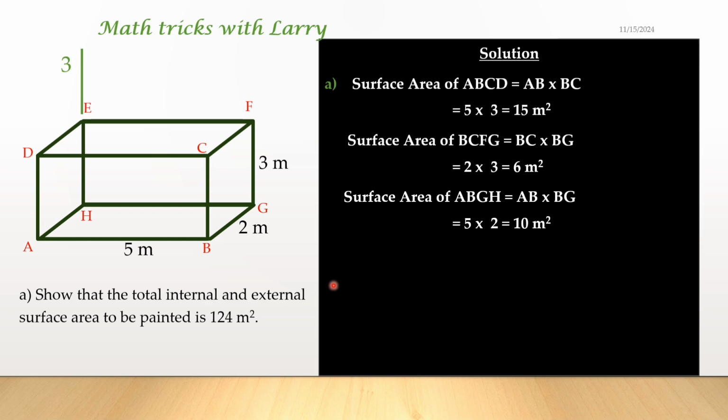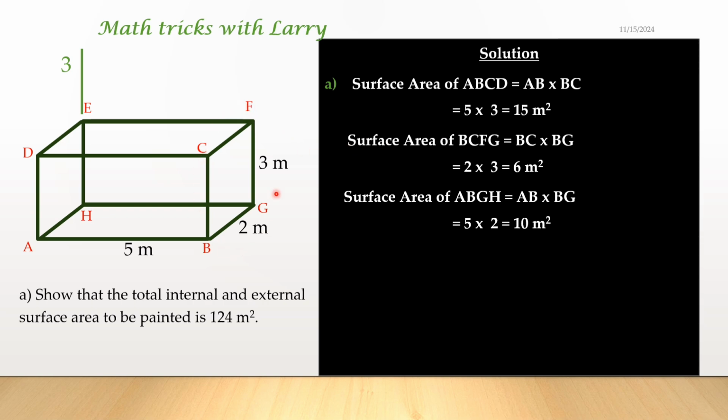Now, given that each of these sides has a repetition, that is ABCD is equal to side EFGH, it means we will multiply this area which we got here by 2.